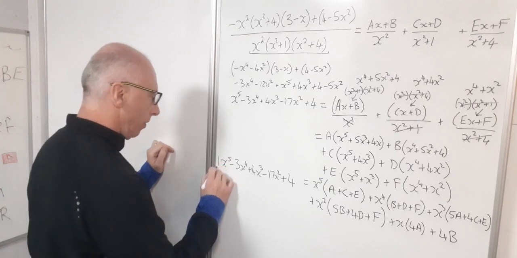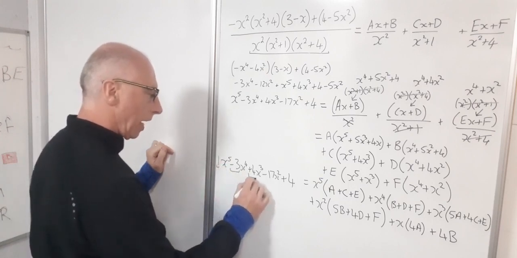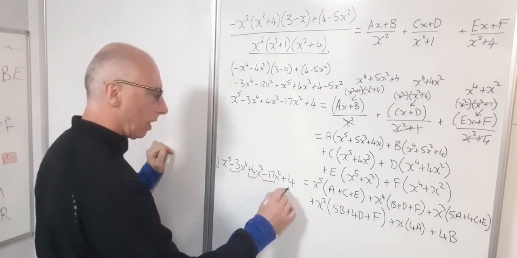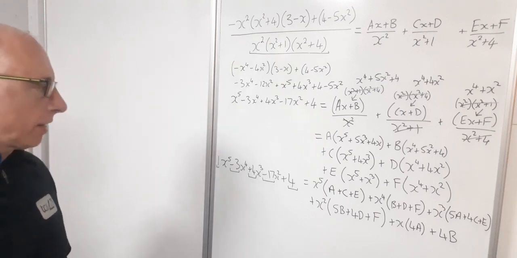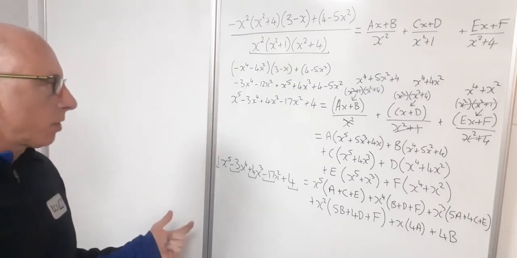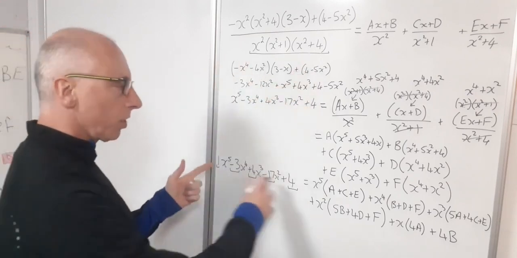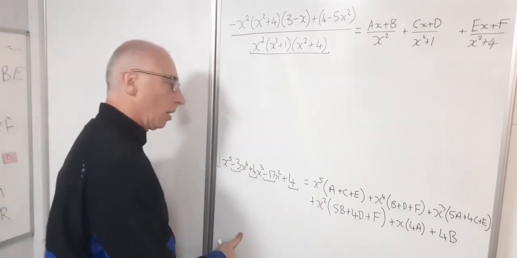So x to the 5, I'll have a 1, x to the 4 minus 3, x cubed plus 4, x squared minus 17, and then a plus 4. So that takes care of that. So let's make some space on the board, bring this up to the top, and then we've got something we can work with, and let's solve for these corresponding coefficients.